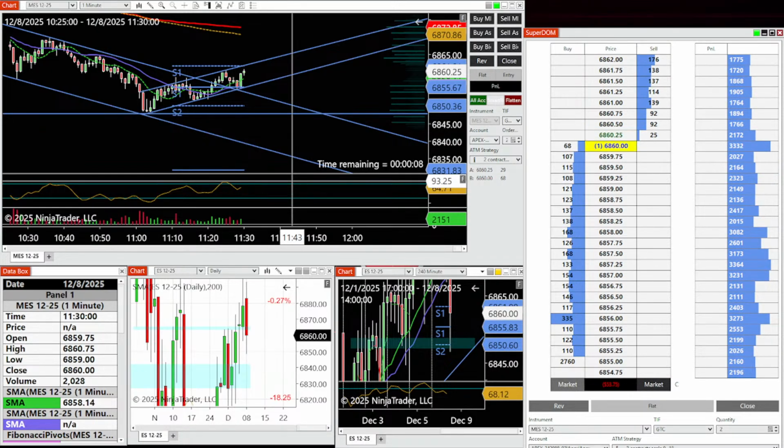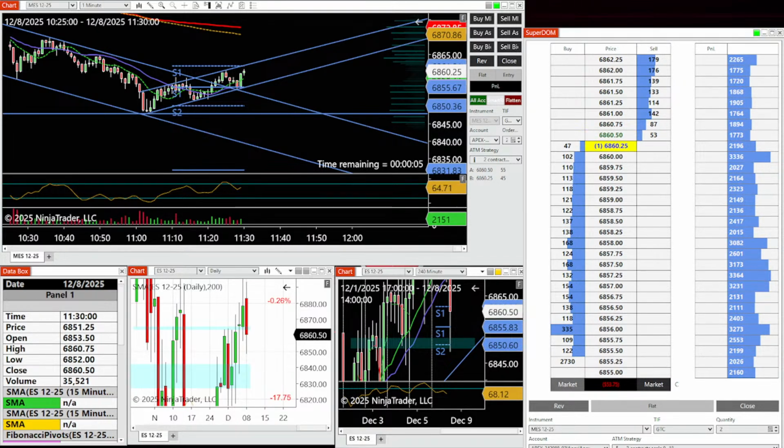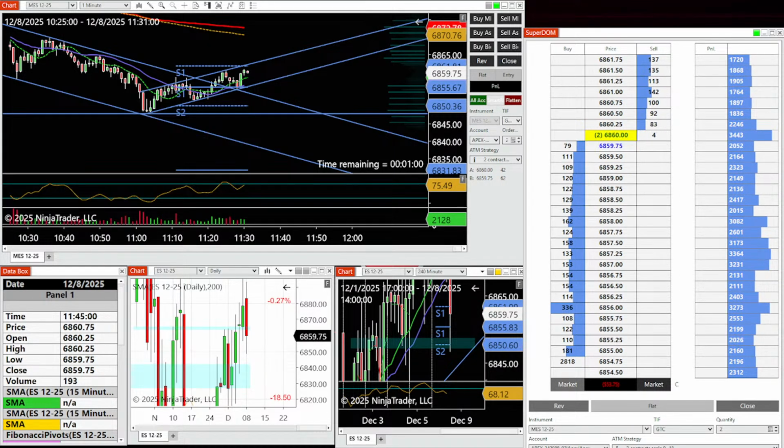And I was looking at another chart. Not a chart, but I was looking at something else, not the price. 15-minute bar just opened up. Set up.